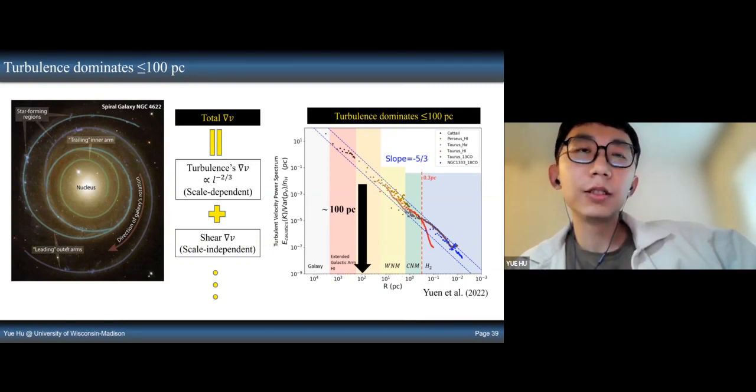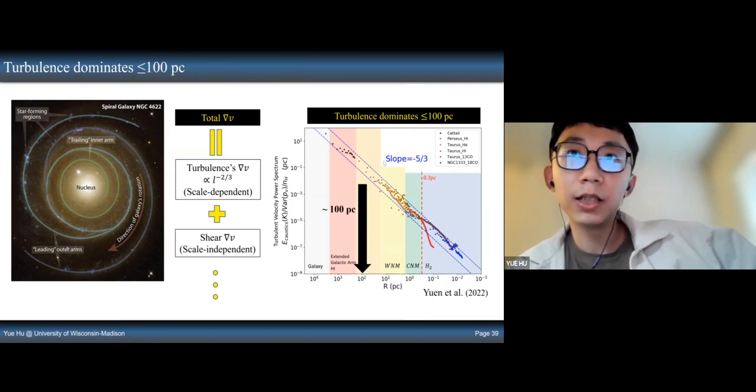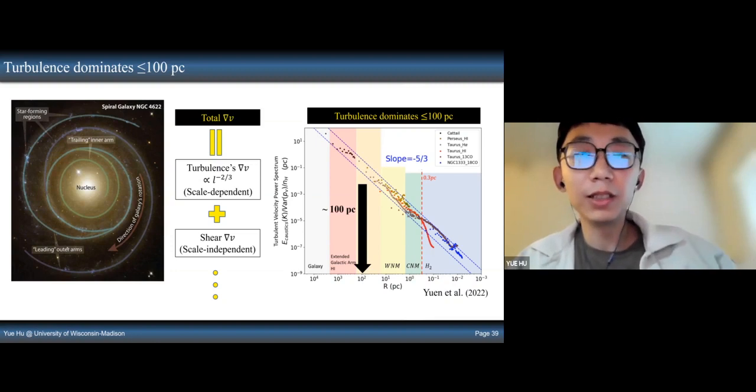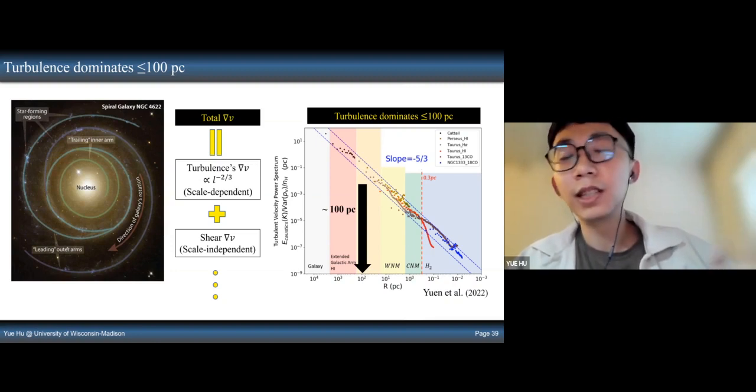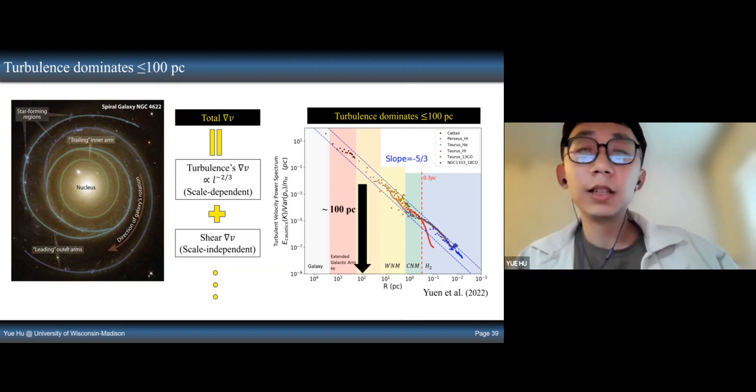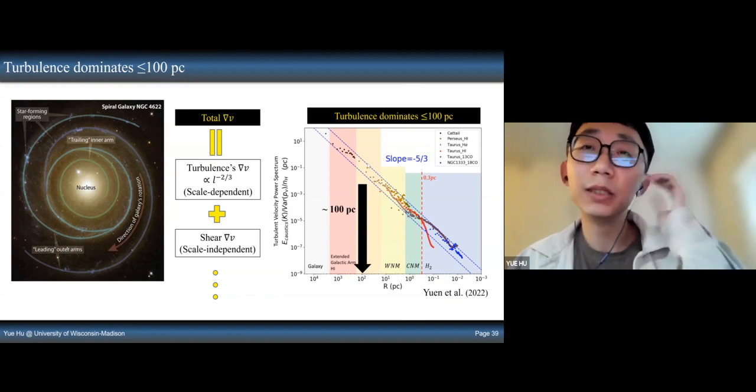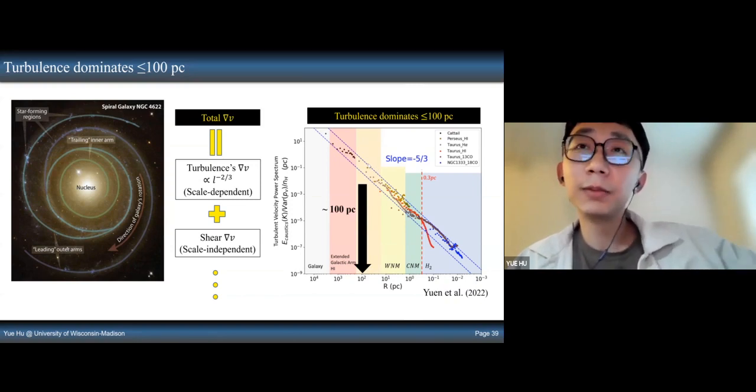So it's not comparing with shear velocity, but here we can see that at 100 parsec, it's still following the Kolmogorov scaling. That means if it were a shear velocity, we wouldn't expect it to be Kolmogorov turbulence, right? So if it's still following Kolmogorov scaling, it's probably that turbulence still dominates at that scale.